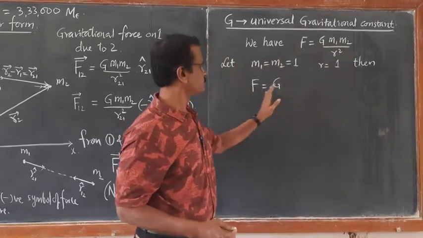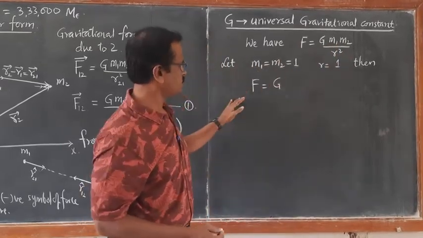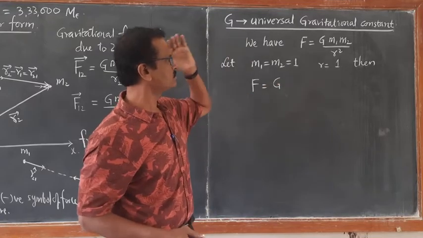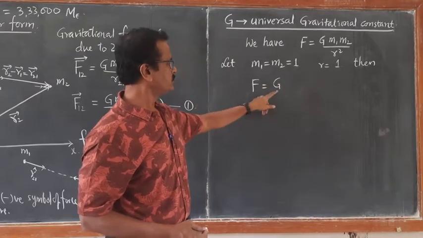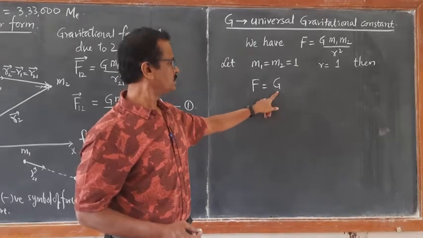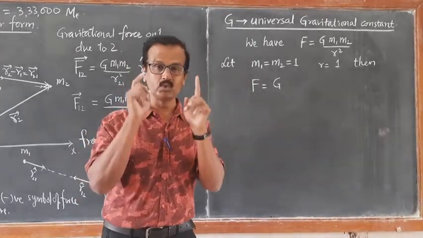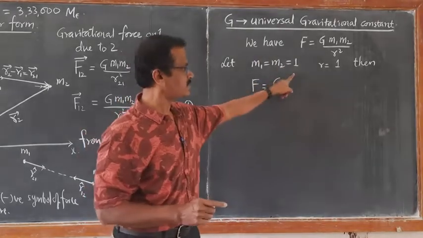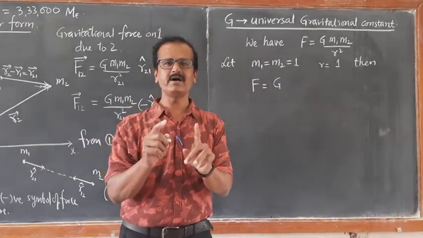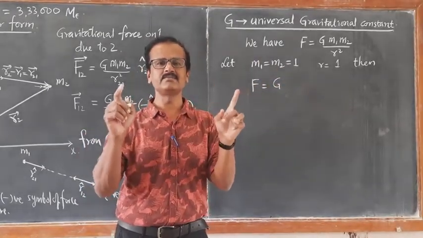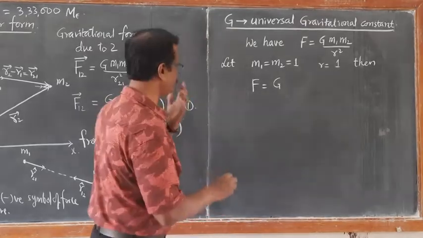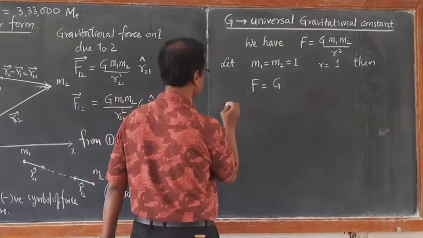So F becomes equal to G. So this helps us to define what is universal gravitational constant. Universal gravitational constant is numerically equal to the gravitational force exerted between two bodies of unit mass separated by unit distance between their centers.